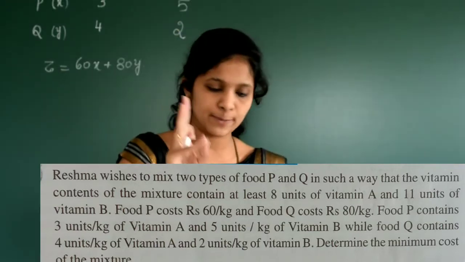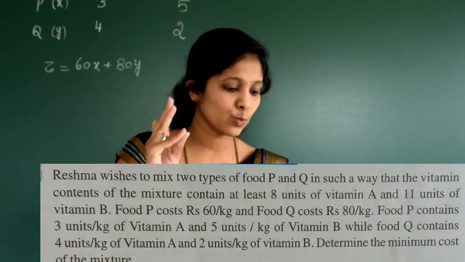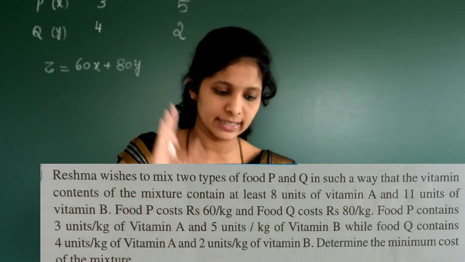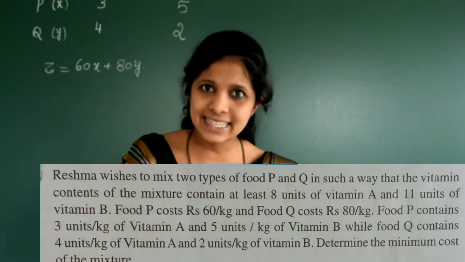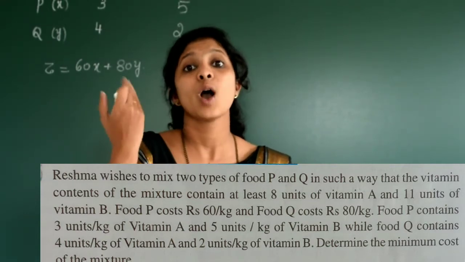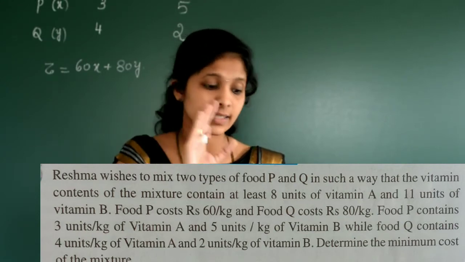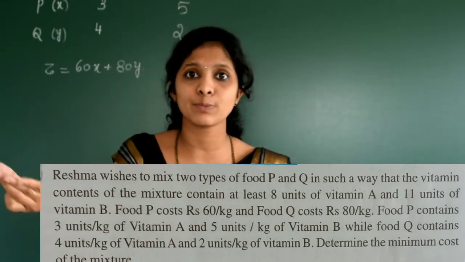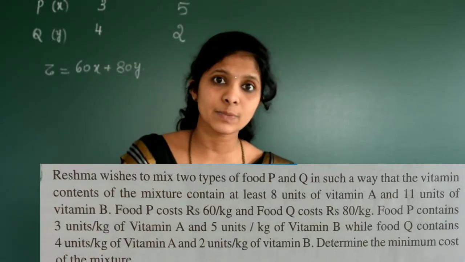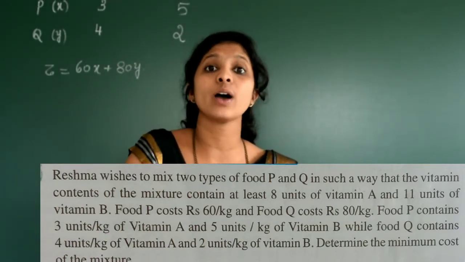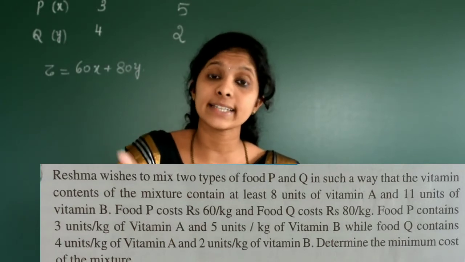In the mix of two types of food, the vitamin contents of the mixture should contain at least 8 units of vitamin A, that is 8 units or more than that. See the difference between at least and at most. At most means it is always less than or equal to. At least means at least that much should be there, or greater. So it will be greater than or equal to.